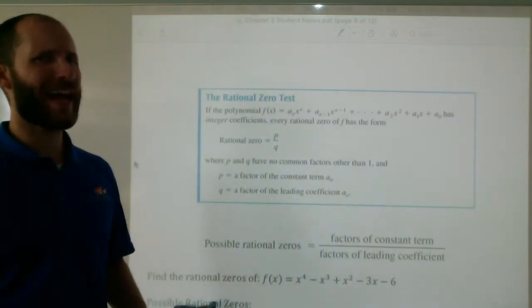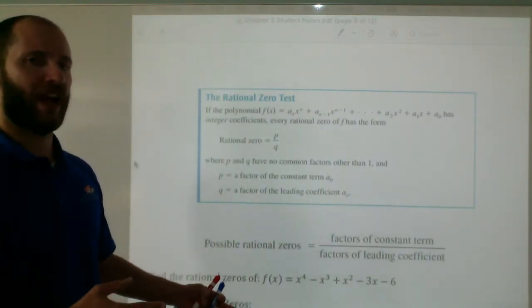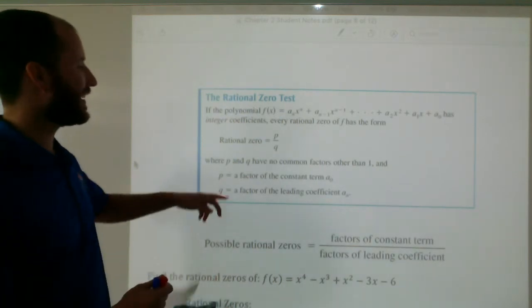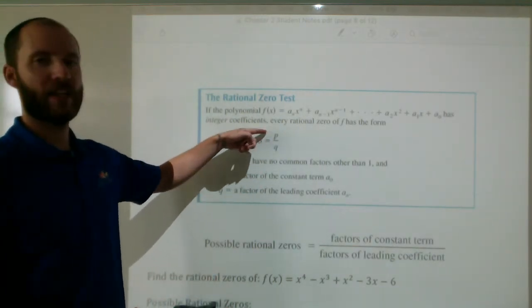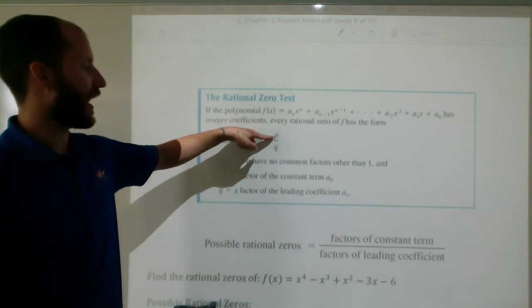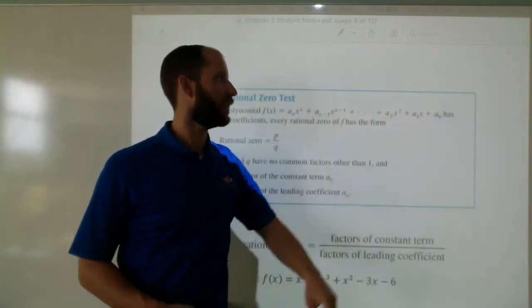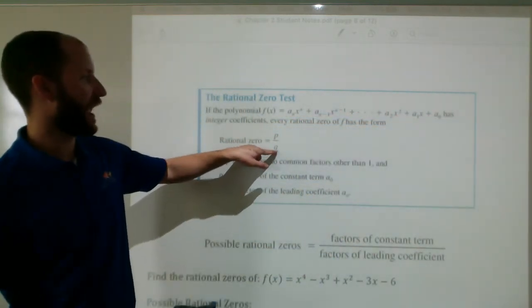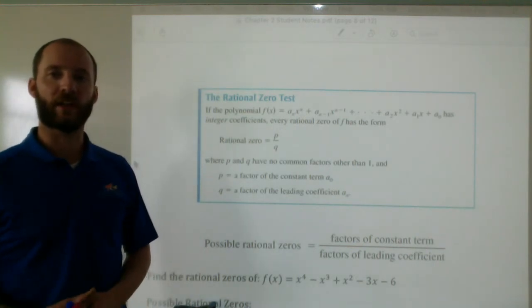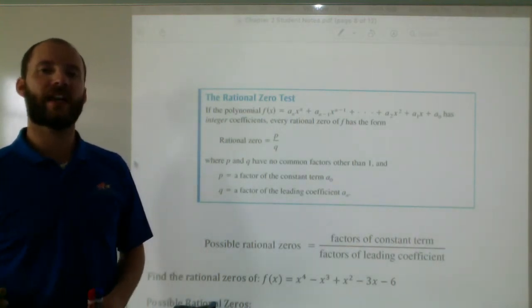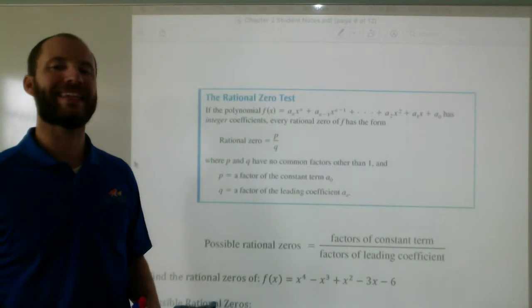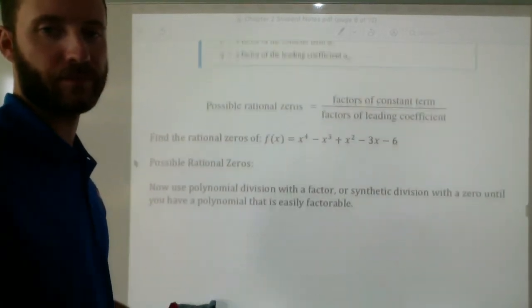Every rational zero that exists is set up in this ratio: some factor of your constant divided by some factor of your leading coefficient. So this gives us a starting point to break into these problems.